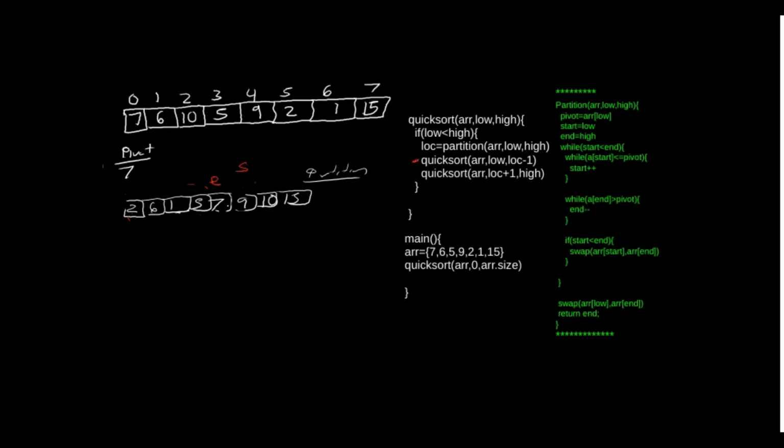Now, if we draw here, I can show you. We are now here. We're going to partition the left side of the array. Pivot is 2 here.